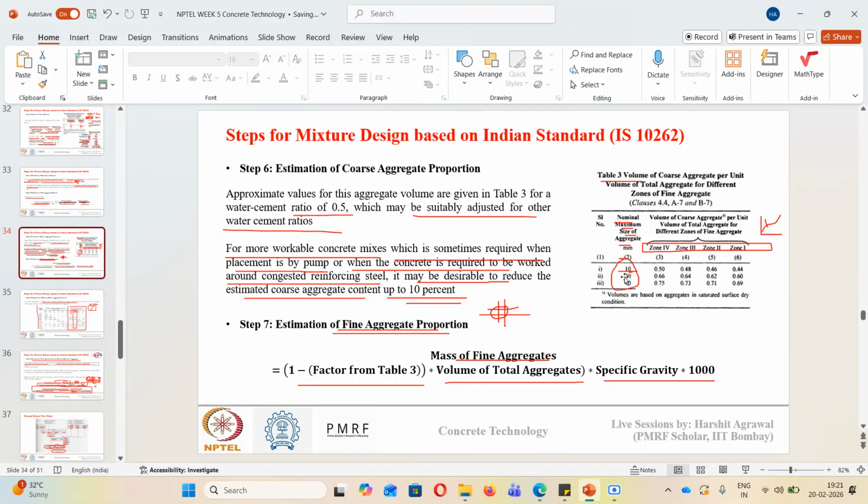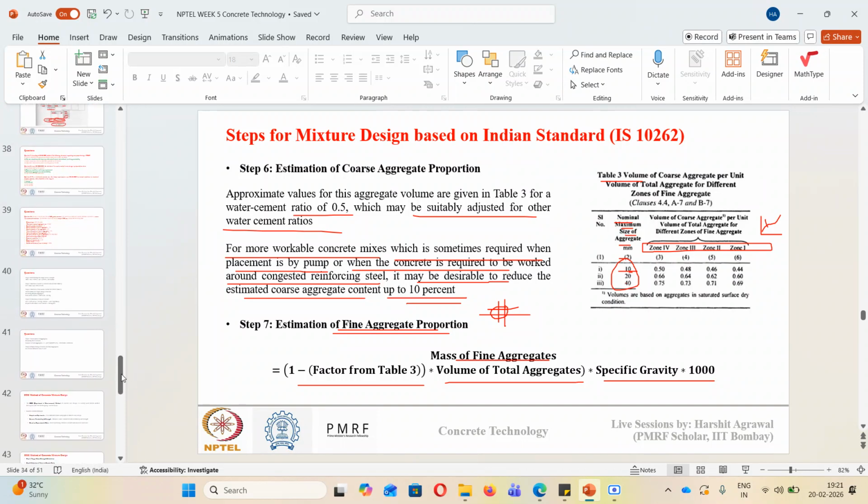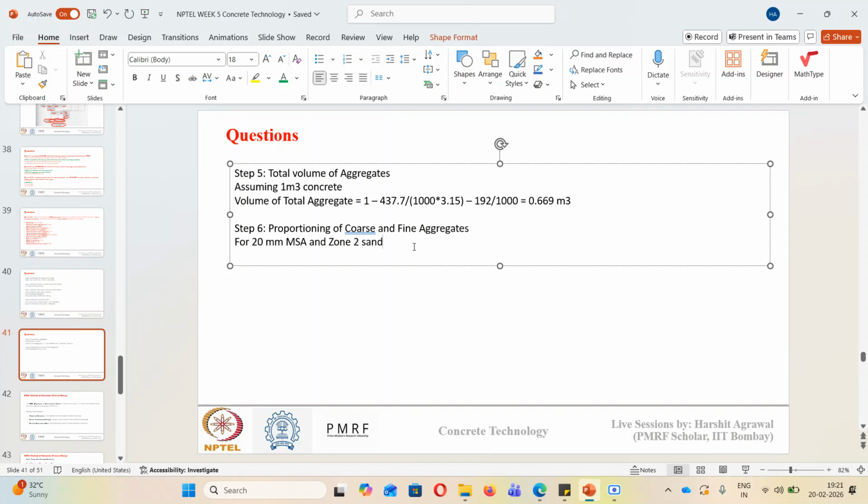So for this we need to take a coarse to fine aggregate ratio of 0.6, but this is for W by C ratio of 0.5. You can adjust this value also, or you can take the same value for now, and once you do the trial mixture design and check the strength of concrete, later on you can adjust the proportion if needed.